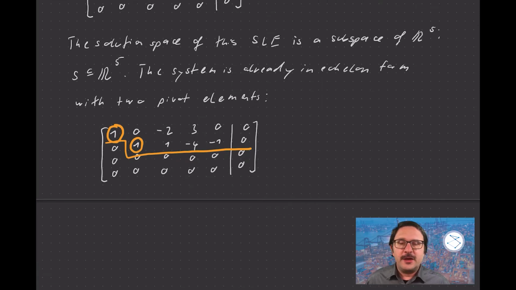That means we know the dimension of our solution space already. You remember the dimension of the solution space is the number of variables, the number of columns, minus the rank. And the rank is the number of pivot elements. So in this case, we have 5 variables minus 2. 2 is the number of pivot elements. So the solution space has a dimension of 3.